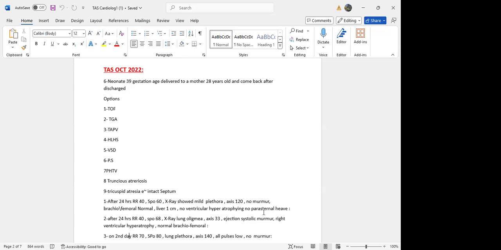Plethoric lungs means the blood flow is going to the lungs. There is no obstruction. There is no pulmonary stenosis. That is why you have plethoric lungs. Plethora means flow is in the lungs. So that is why you prefer to go over here is transposition of the great arteries.